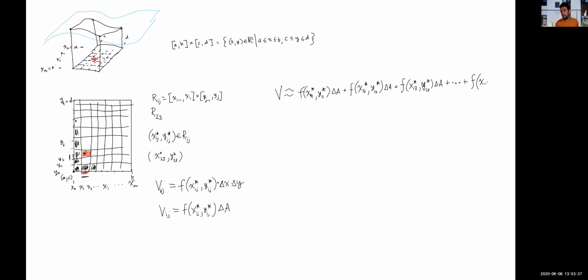I'll get x1. So I'm going up to the top here till the n, that we have n squares along this row. So it'll be x 1,n star, y 1,n star, dA. Actually, let's not do dot, dot, dot.